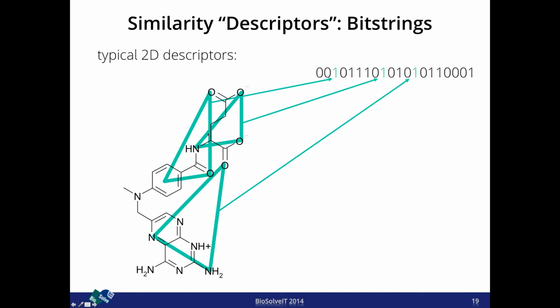These bit strings have one advantage: they are extremely fast to use in computation. But they also have certain disadvantages, namely, typically you lose all information about connectivity, which means if I just encode the existence of a carboxylate group with a 1, then I have no clue how far away maybe an amine function connected to an aromatic system is.